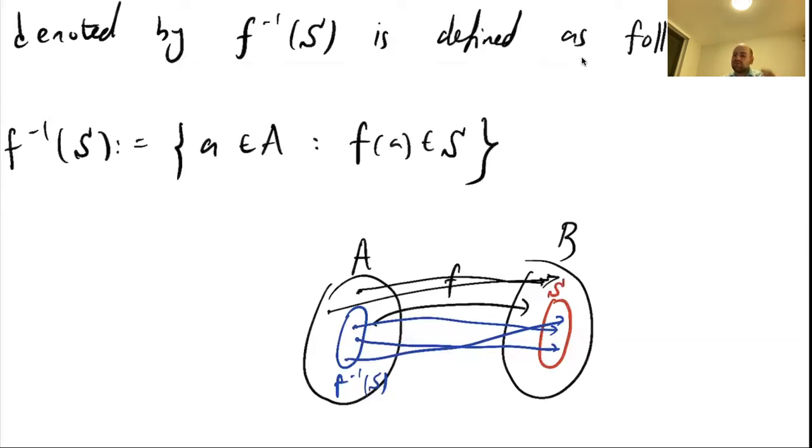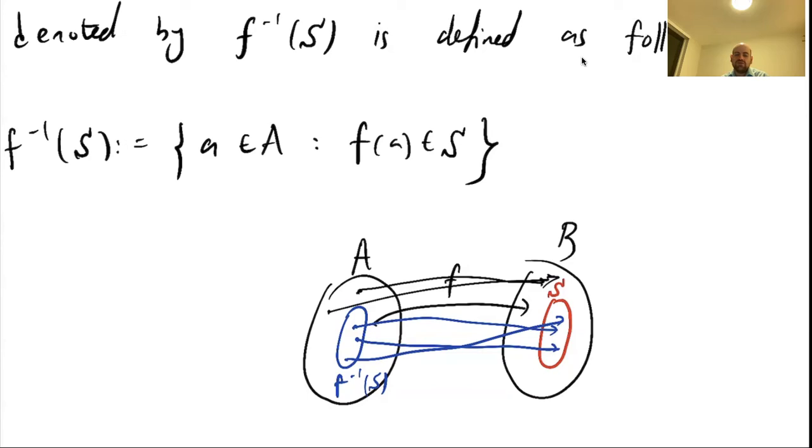If you want to define an f inverse of a number, well, then you need to find f inverse first. See, we already defined inverse function, right? So when you want to find f inverse of a number, first of all, your function has to be one-to-one so that it becomes invertible. And then you find the inverse of the function.